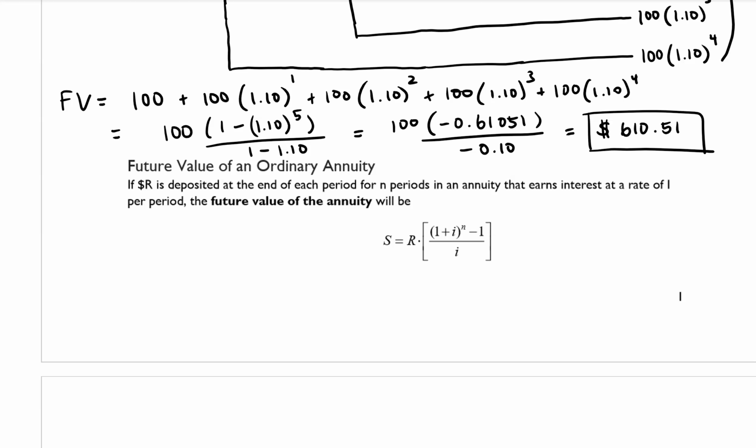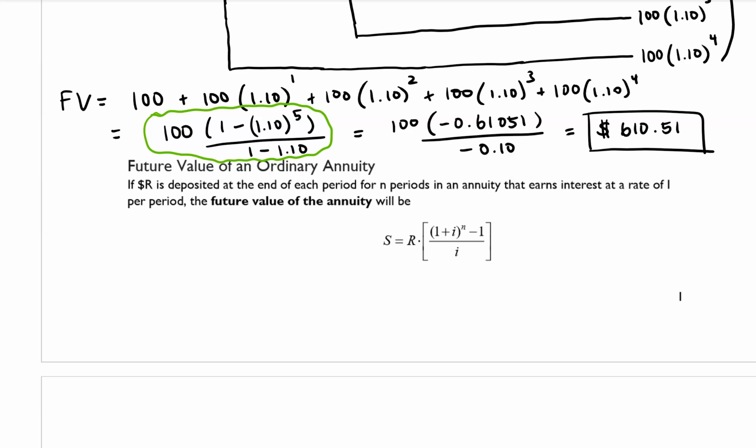So let's look at this formula that I had written right here. That was to find the future value for that annuity that was described up above. And I want to take this and use it to generalize a general formula.